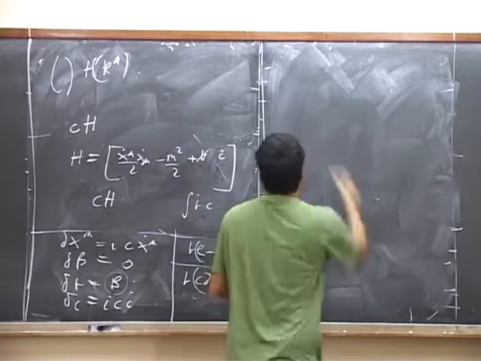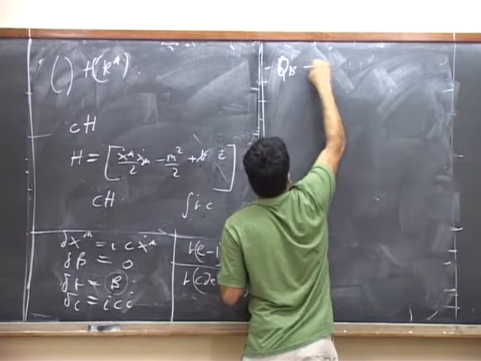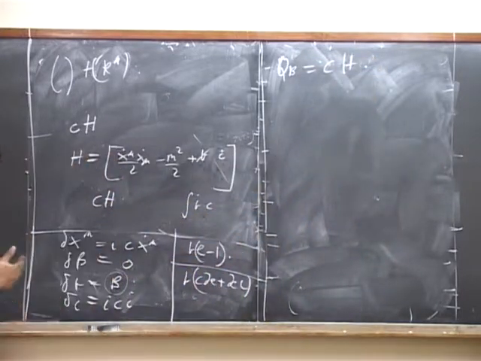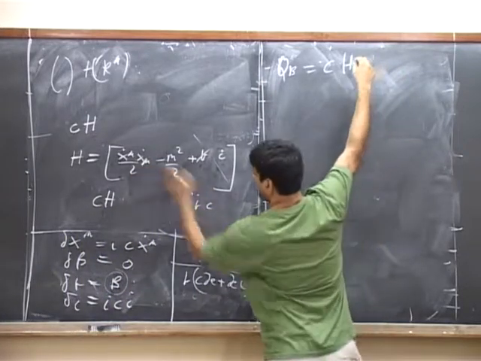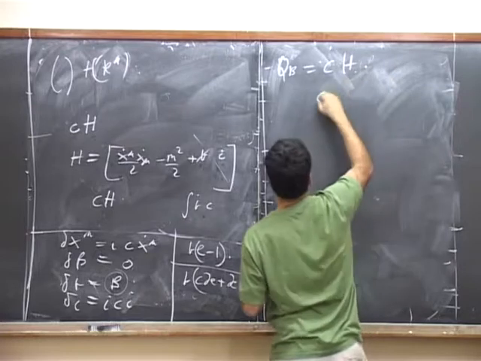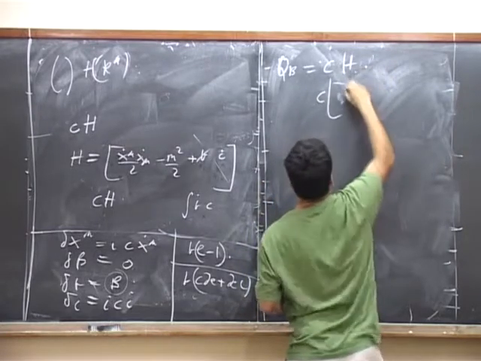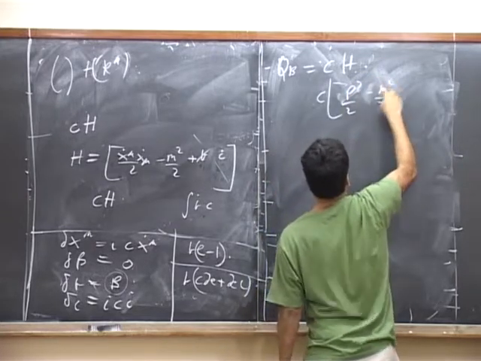Okay, so the BRST charge, Q_B, is equal to C times H. We're going to make this on-shell replacement, so that's C times (x-dot mu, p squared by 2 minus m squared by 2).